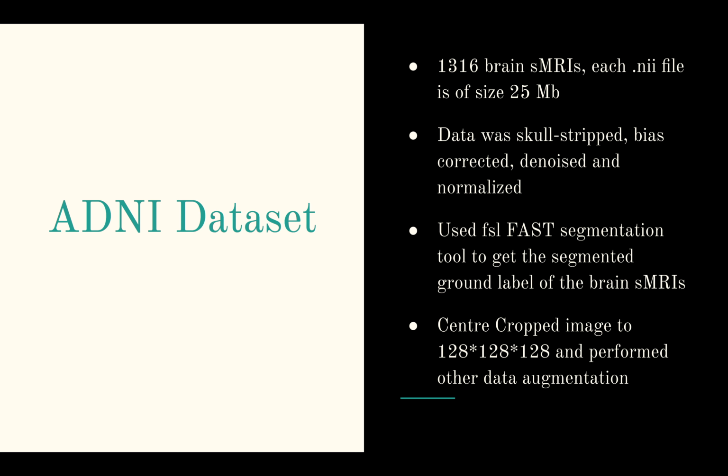In order to improve segmentation performance, I also used different data augmentation techniques such as center cropping, and vertical and horizontal rotation. The images were center cropped to 128, 128, 128 dimensions.